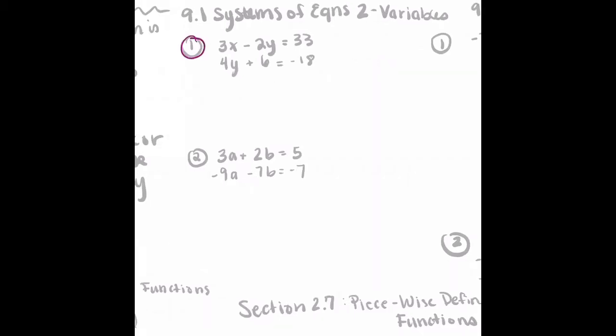So let's start with 9.1, systems of equations in two variables. And in the question, I've asked you to solve this first one here with substitution. So on the exam, you'll be able to use whatever method you prefer unless it's indicated.